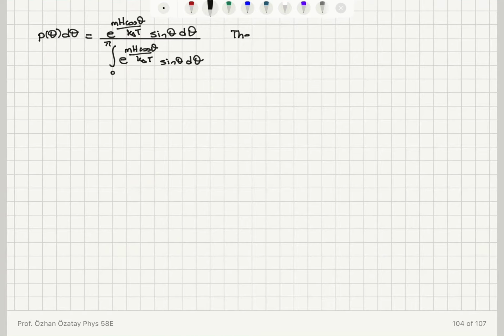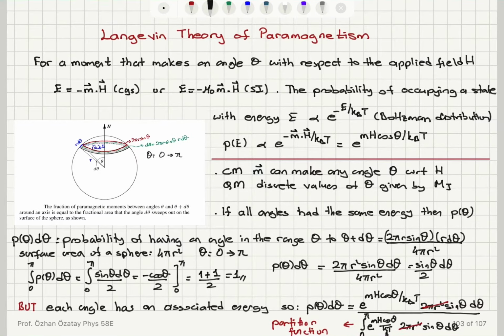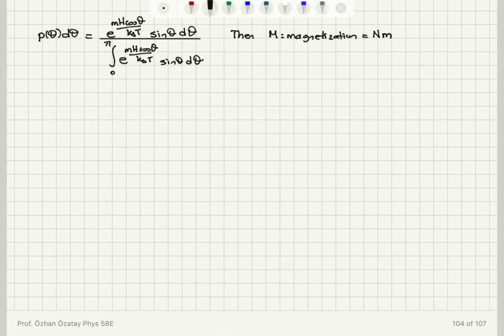Then, in order to calculate the total magnetization, M, magnetization will be equal to the number of atoms per volume, the magnetic moment per atom, and because the magnetization comes from the projection of the magnetic moment onto the field axis, cosine theta, so I take the average value of cosine theta.